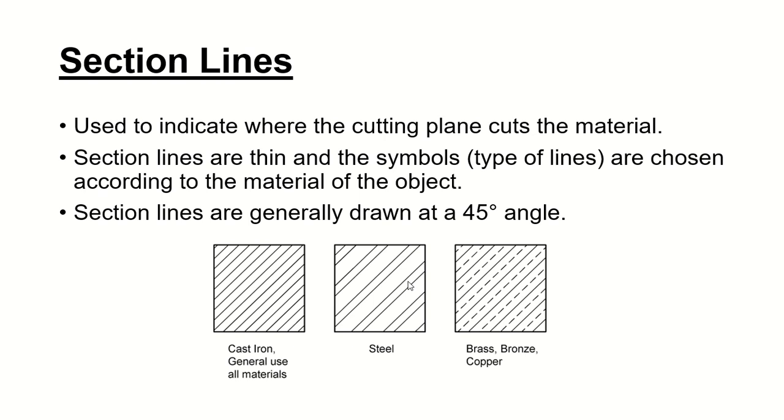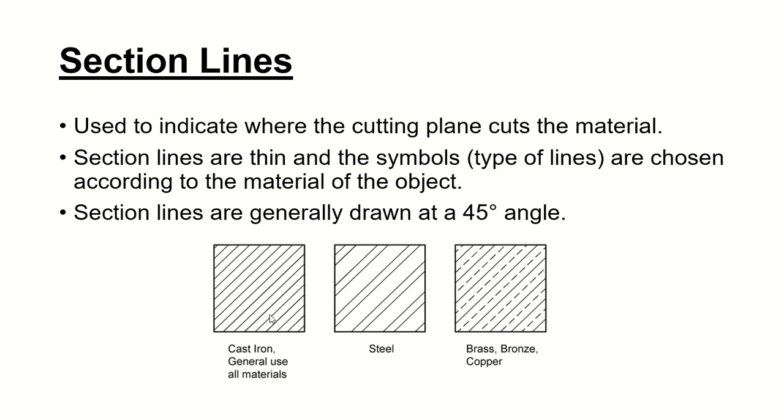So section lines are thin, and the symbols, the type of lines, are chosen according to the material of that object. If you are using steel, we're going to have it like this. If you're using brass or bronze or copper, we're going to have it like this. And if you're using cast iron, general use, or other materials, we're going to use these lines for section lines.